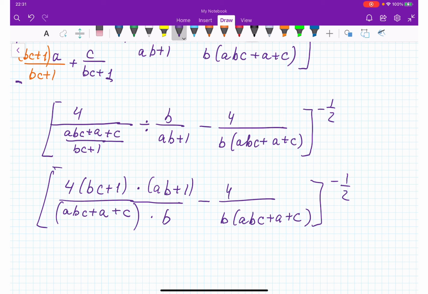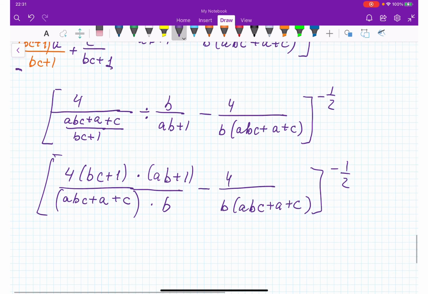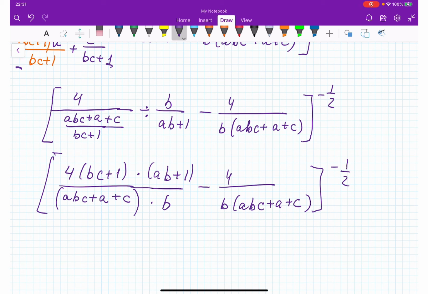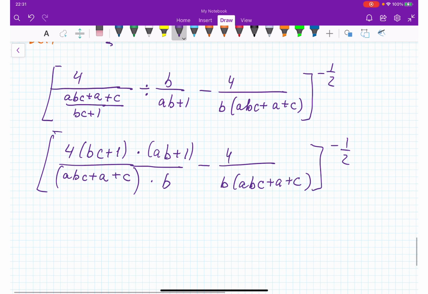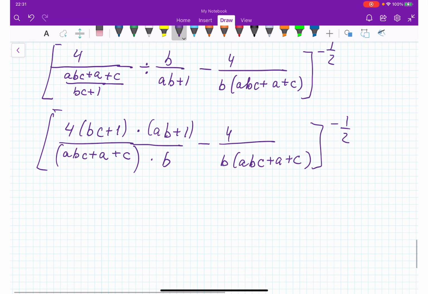All right, so as a result of multiplication, nothing unfortunately is going to be cancelled. We are going to get stuck with all this multiplication. So the denominator I'm going to leave the way it is, but the numerator I have no choice, I have to multiply.